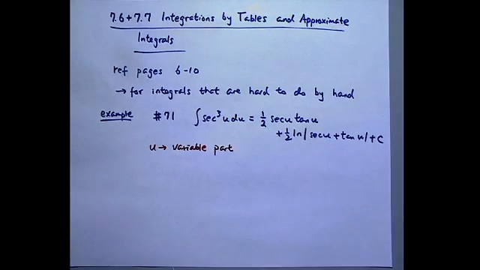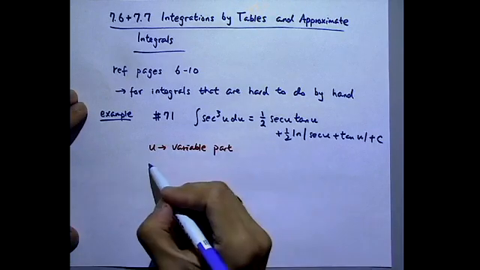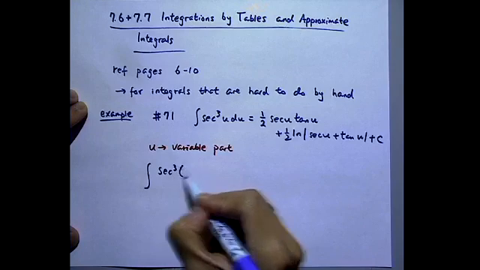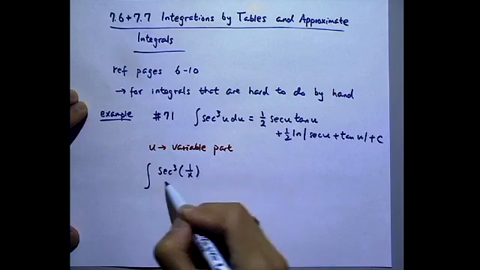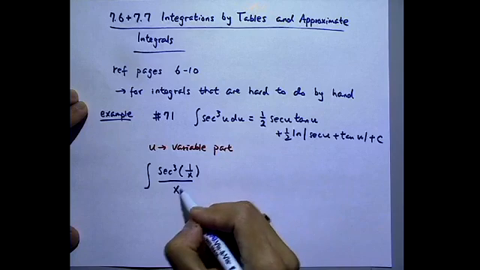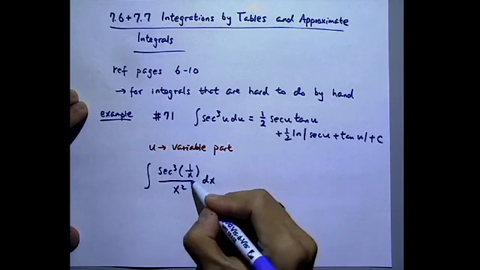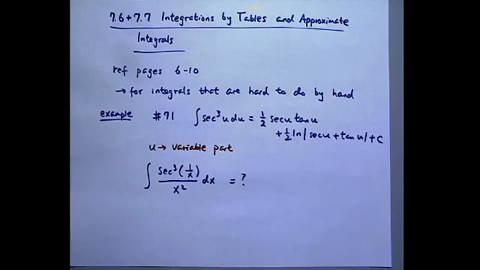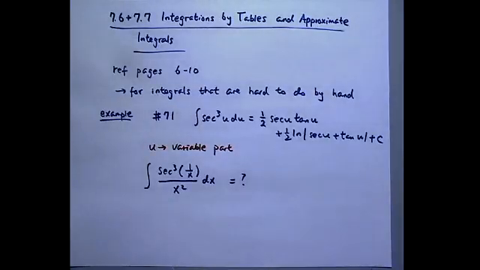So for example, if you would like to integrate this integral here, and you look through all these integrals, the closest match you would find is this one here, the one that contains the cube of secant.